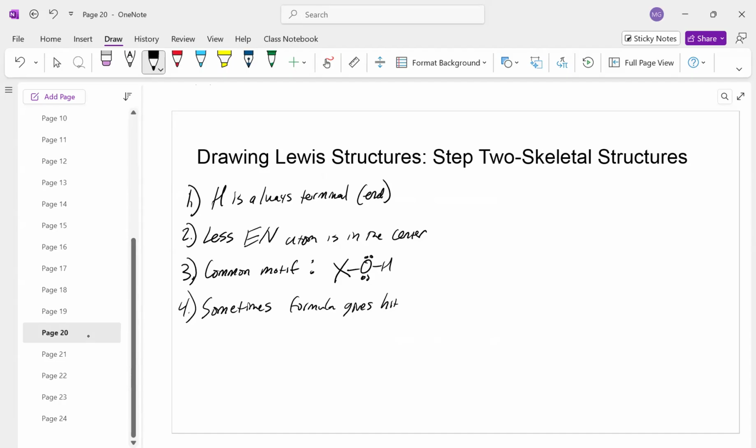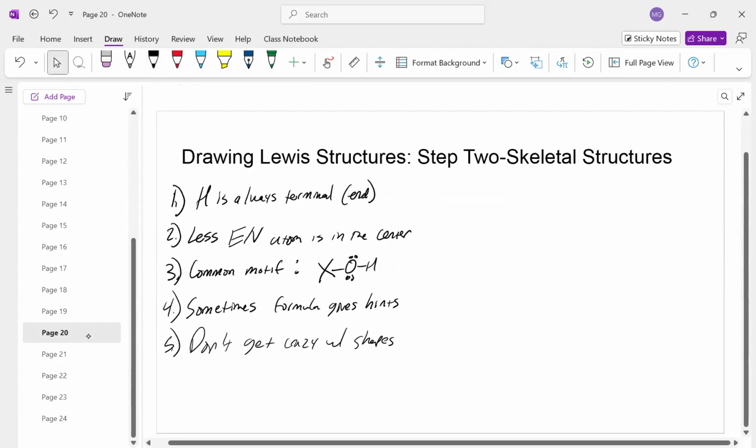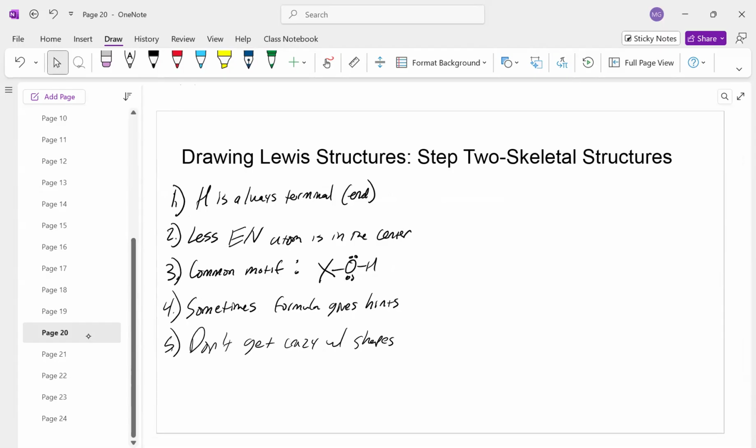Sometimes it tells you what atoms should be bonded to which atoms. And then finally, the last guideline I can give you is don't get super crazy with your shapes. We'll talk about molecular shapes in the next set of lectures. So once you have a handle on that, that fifth guideline becomes a little bit more clear.